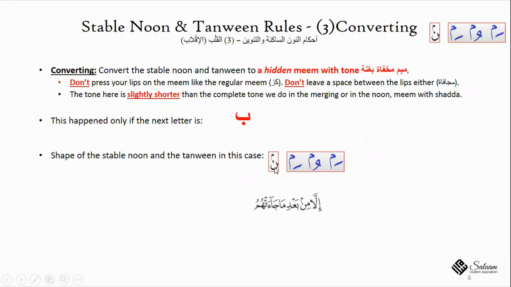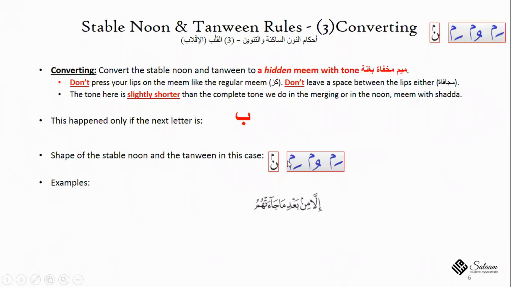The sign of this rule in the Quran will be this noon with a meme on it, or the tanween written this way. This is just to remind you that you are not going to say the noon or the tanween. You are going to say meme. So here you are not saying any noon. You're only saying meme because you converted the noon into a meme.